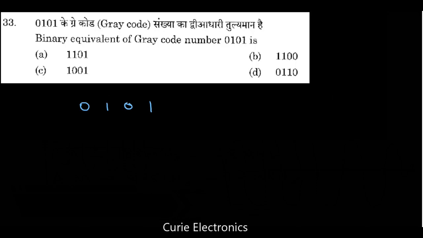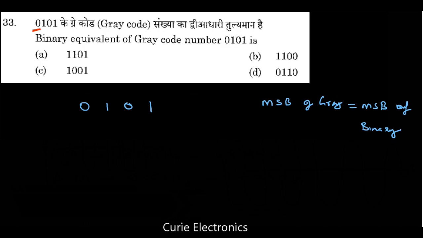The MSB of the gray code equals the MSB of the binary equivalent. What is the MSB here? The first bit from the left is the MSB. The MSB is 0 here.